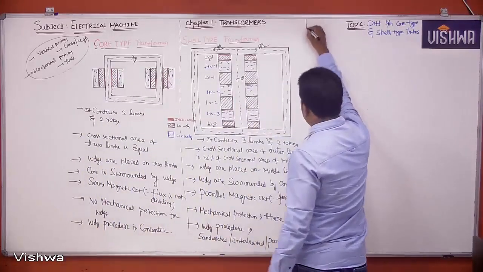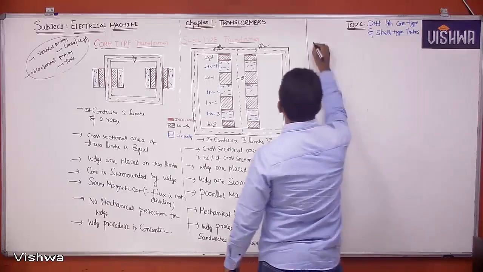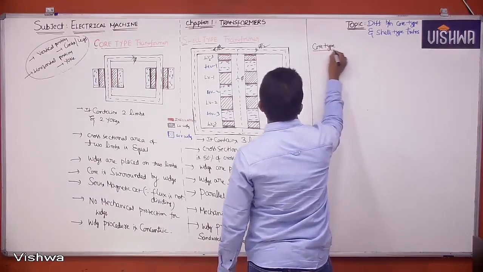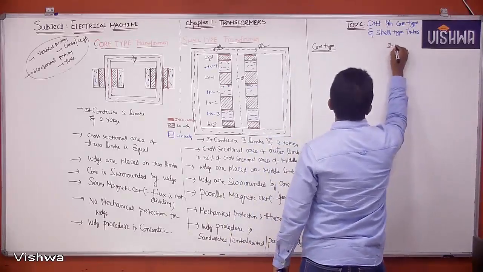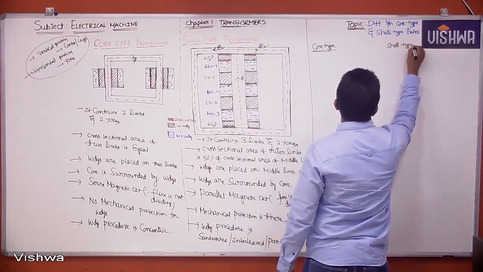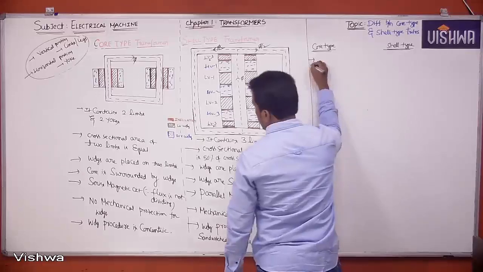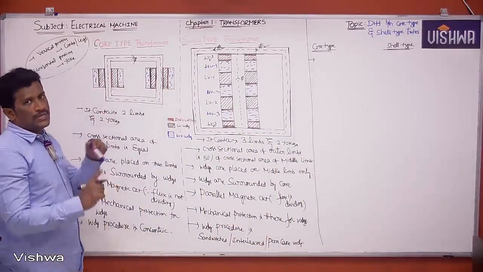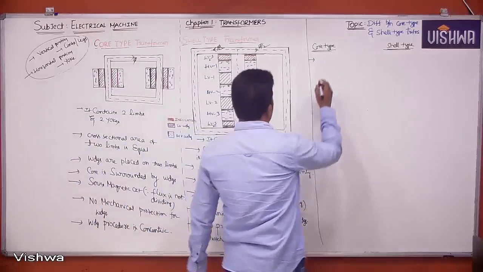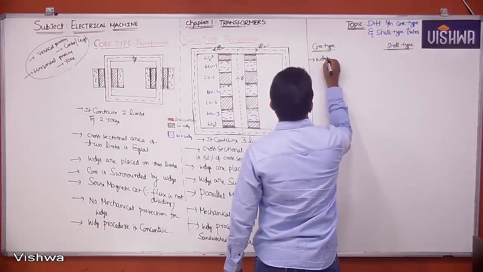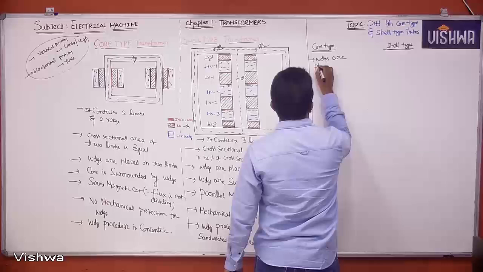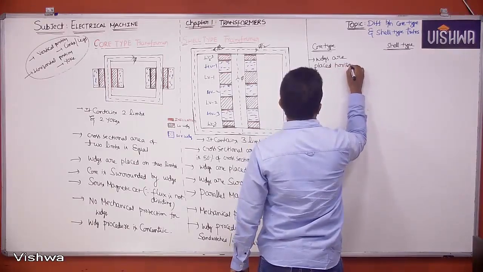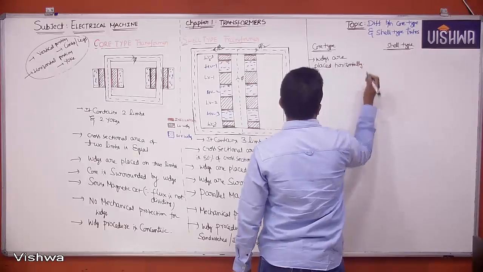So in addition to this, let me take one more. Some more points will come, core type and shell type. See here, next point. As I told you, windings we are placing horizontally here. Windings are placed horizontally.